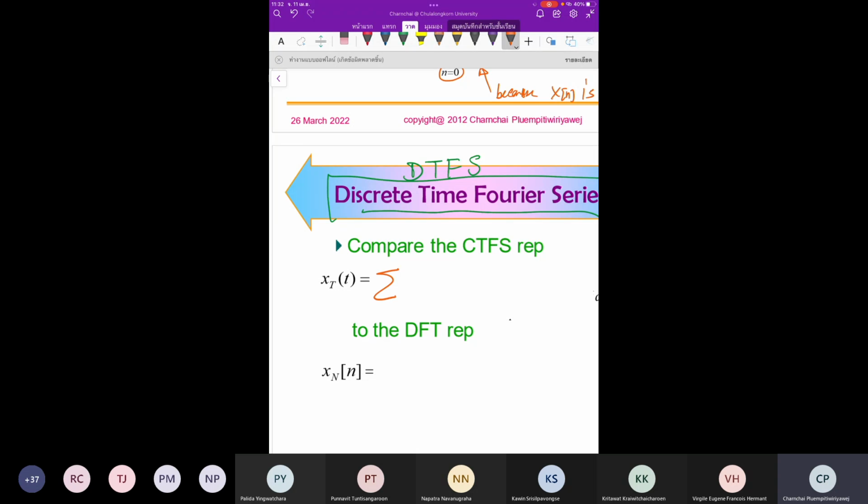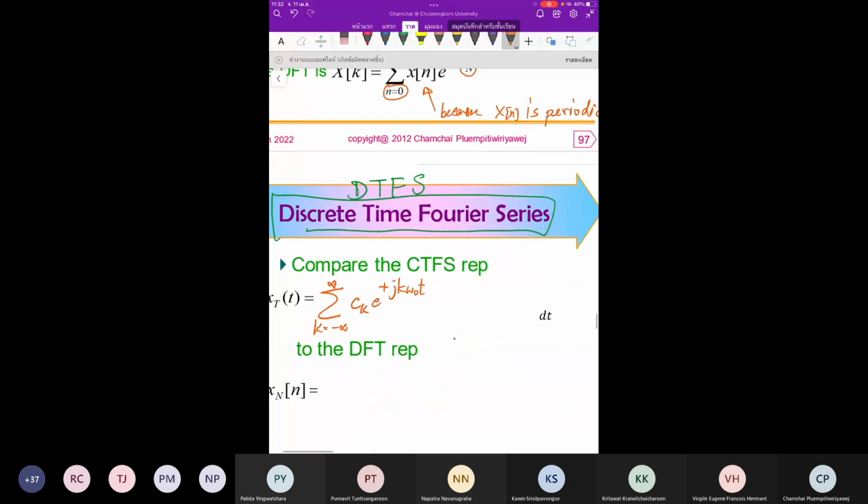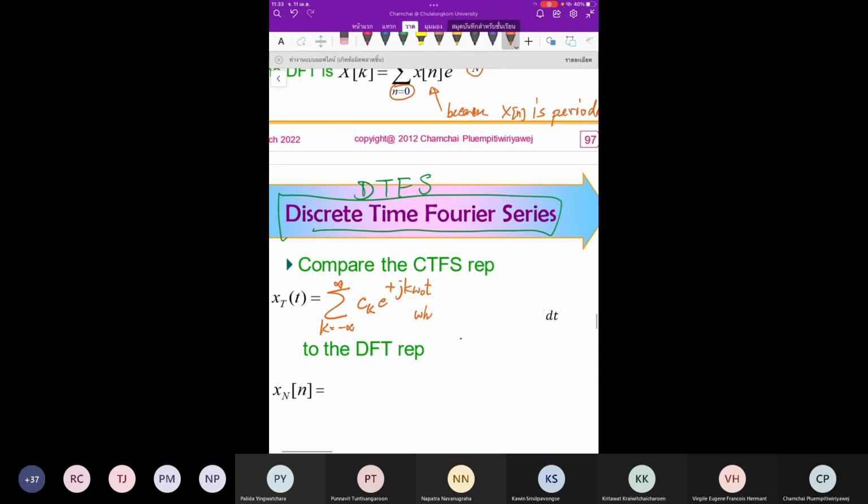If you go back to the first chapter, it is the summation of c_k e to the power of plus jkω₀t, k from negative infinity to infinity, where c_k is 1 over T times the integral of x(t) e to the power of negative jkω₀t dt over one period, capital T.